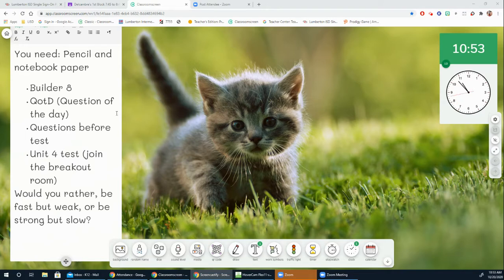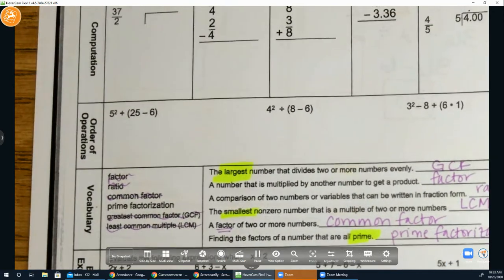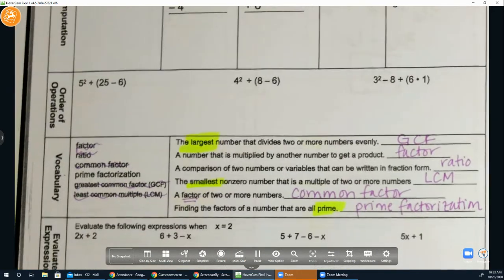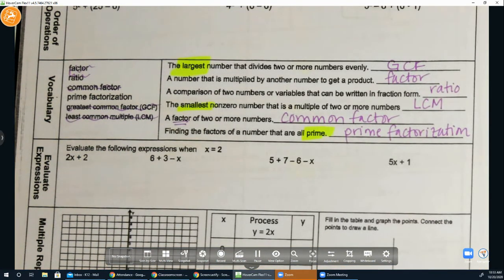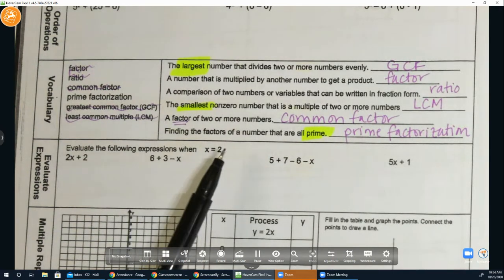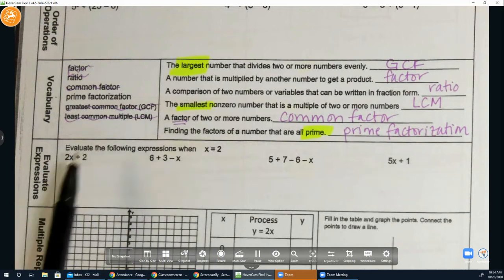All right, so let's quickly look at Builder 8. So I have it under the board here. I want to focus right now on these evaluate the expressions. When we evaluate, it means that we need to solve, but we need to plug in what this x is wherever I see x.